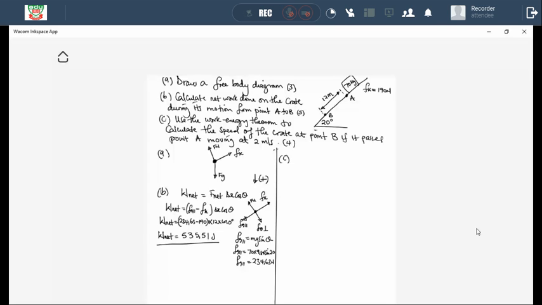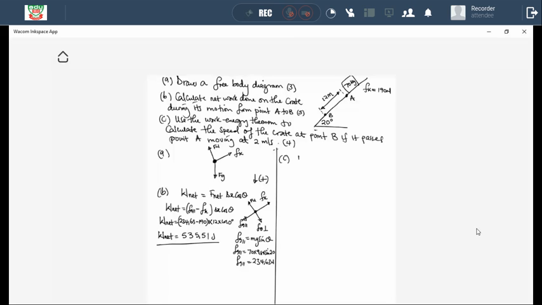So we are not at liberty to use any formula that we want. We definitely have to use the work energy theorem and nothing else. So item number C: use the work energy theorem to calculate the speed of the crate at point B if it passes point A moving at 2 meters per second.